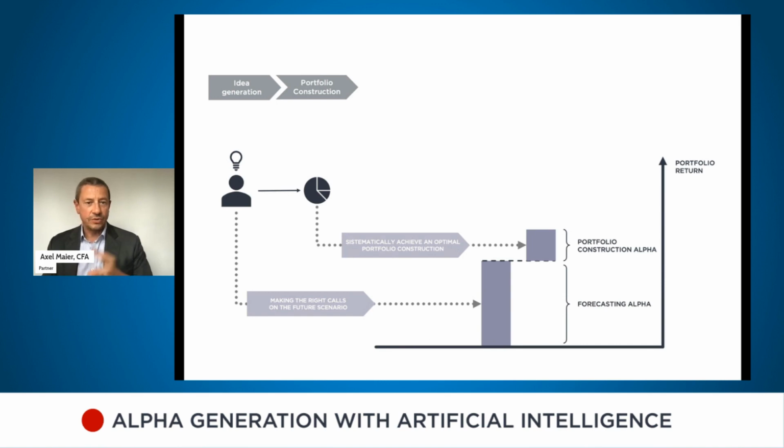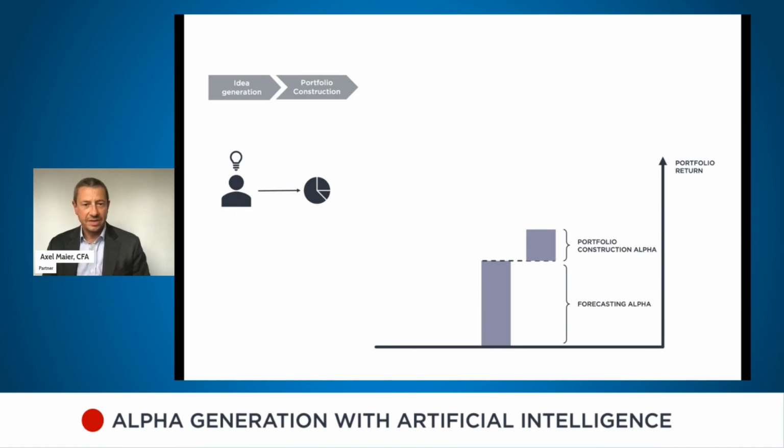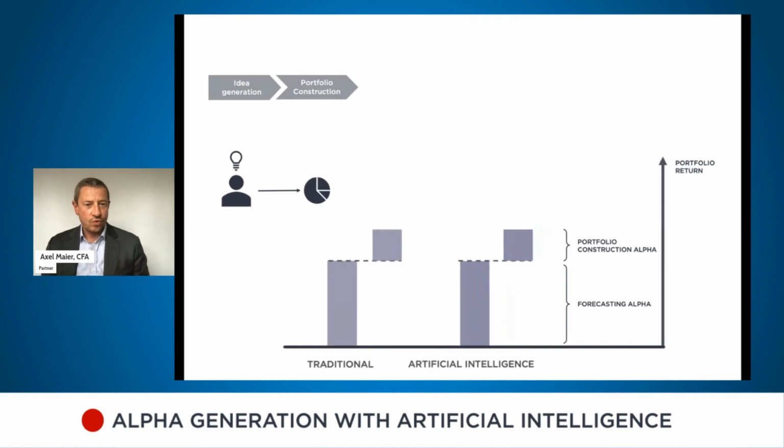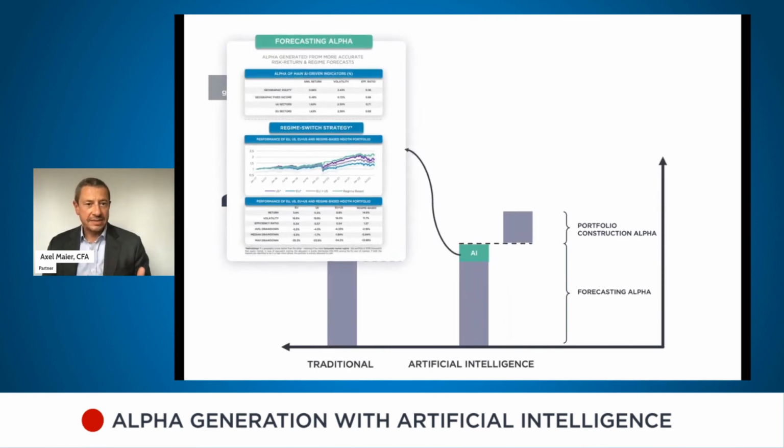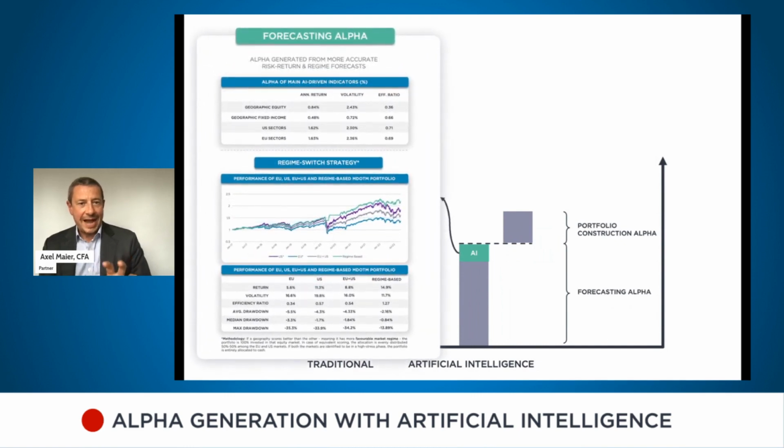If you add the AI component to this, we can show through the work we have done for our clients over the last 7 years that AI can add significant alpha through the right forecasting of returns, of risk, and of market regimes. So we are adding to that, and it's a modular part.